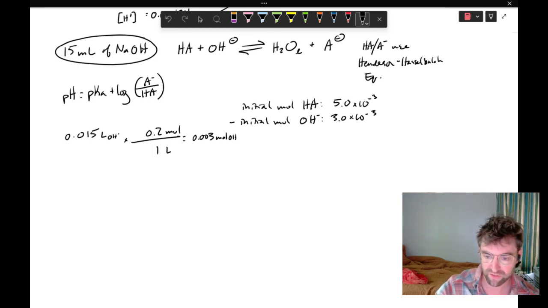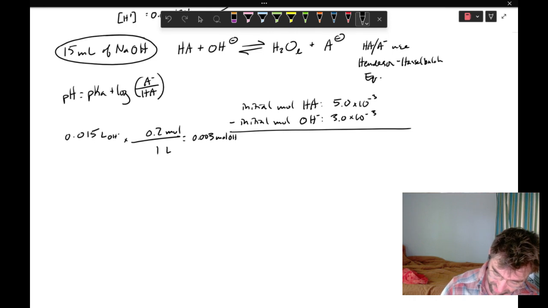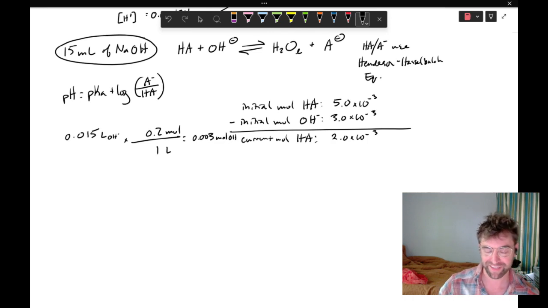Same thing, just in scientific notation. Subtracting 3 from 5 rather, gives us 2 times 10 to the negative 3. And this is our current moles of acid that will be left over after the hydroxide reacts with the acid. All of the hydroxide is reacting to completion because it is a strong base.